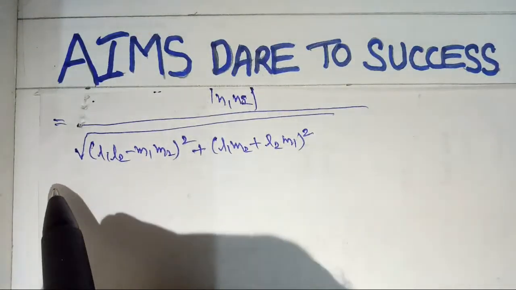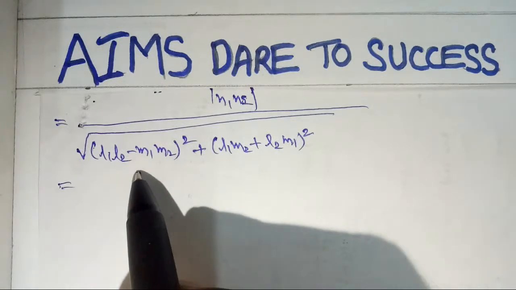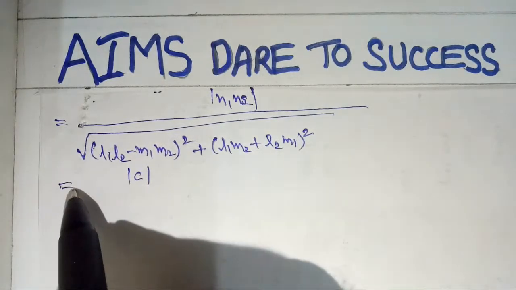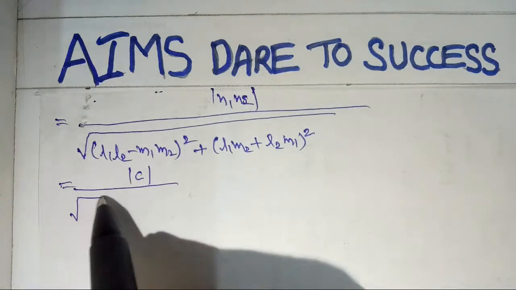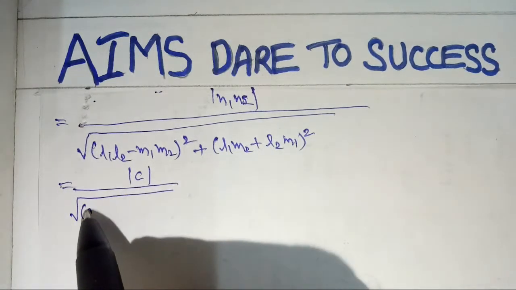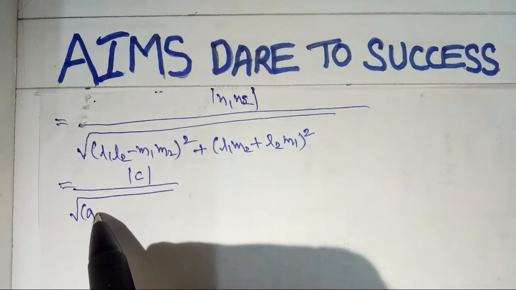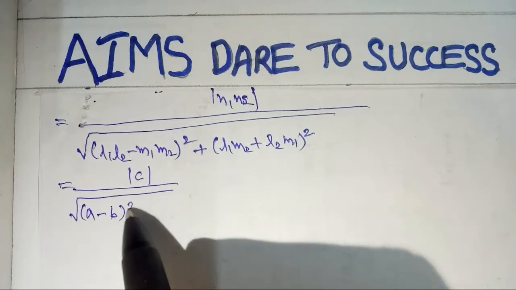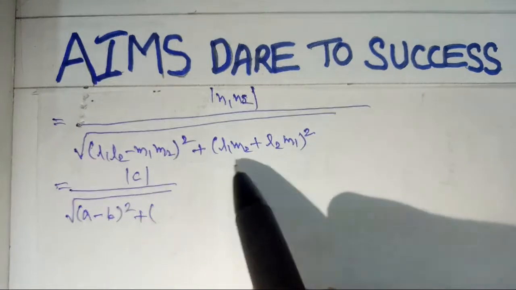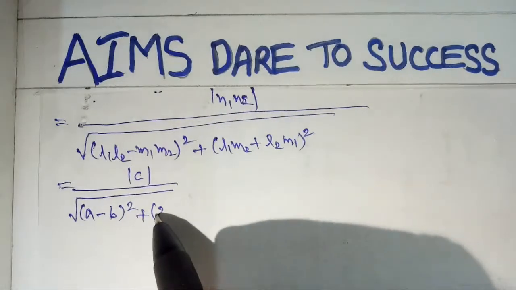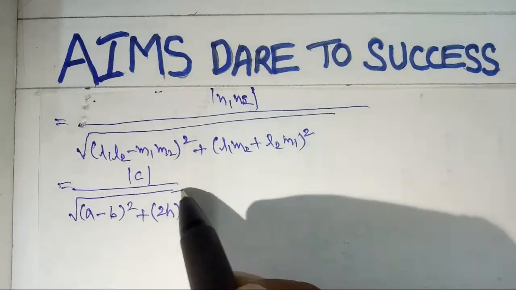So we get mod N1 N2 is mod C divided by root over L1 L2 is A minus M1 M2 is B whole square plus L1 M2 plus L2 M1 is 2H whole square.